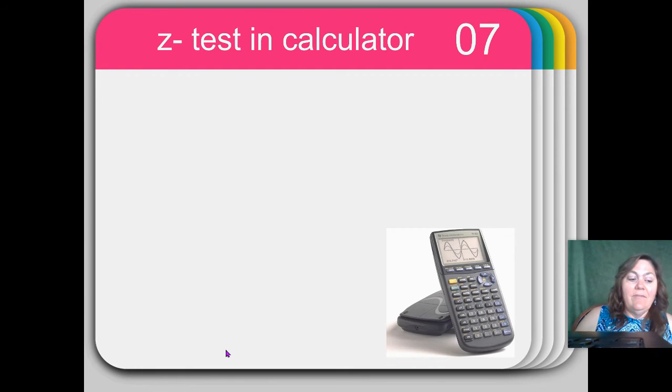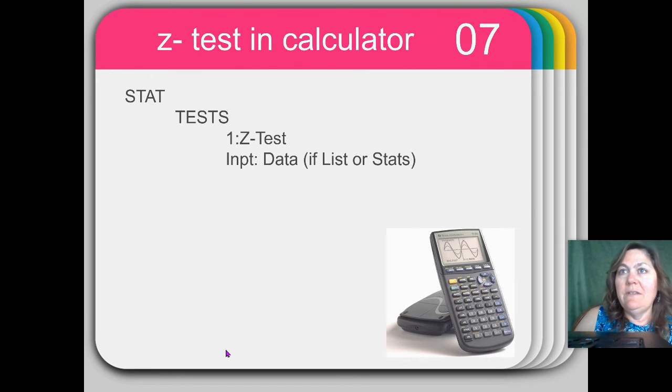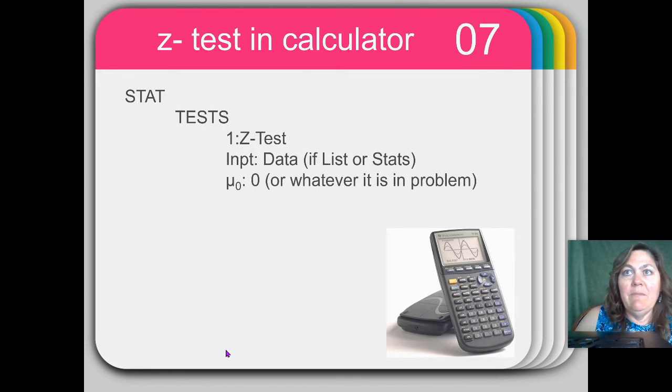I also have down, since it's the last chapter, I waited until now to show you this because I wanted us to know how to do this by hand very well and understand it. But the z-test is the same thing. You go to the same location, but instead of t-test, you pick z-test. And then it's pretty much the same thing, data or stats, put in your mu, but this time you will have to enter the sigma because you know it.